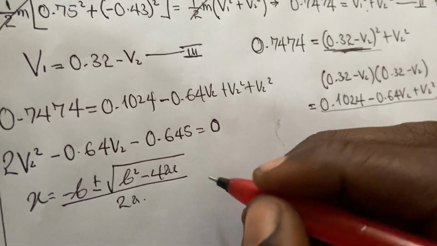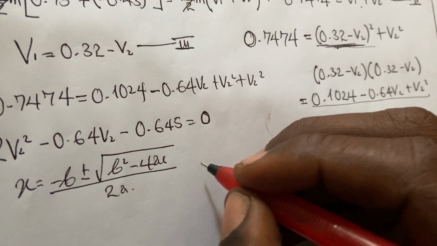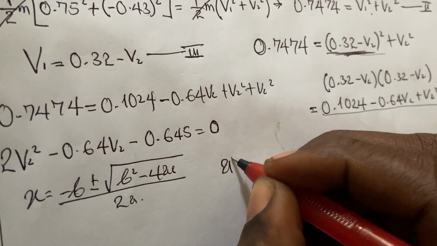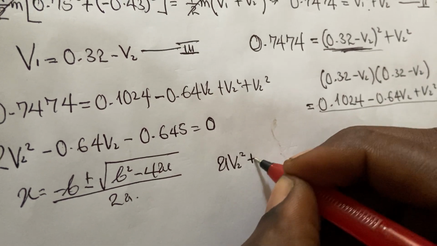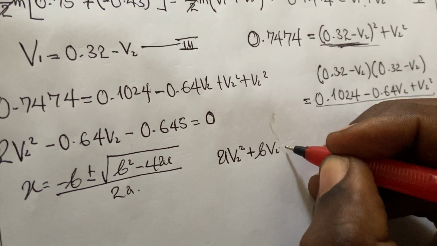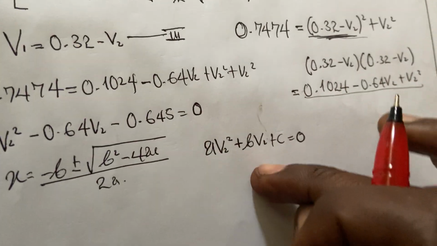So now comparing. What are we comparing? Let me say a v2 square plus b v2 plus c equals 0. This is the general formula of a quadratic equation.